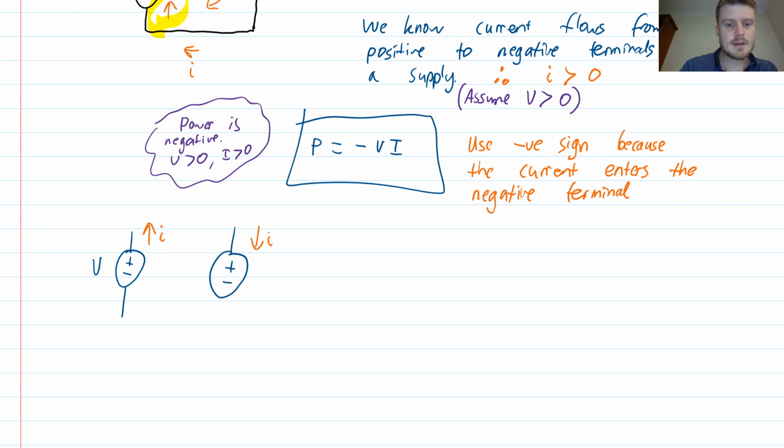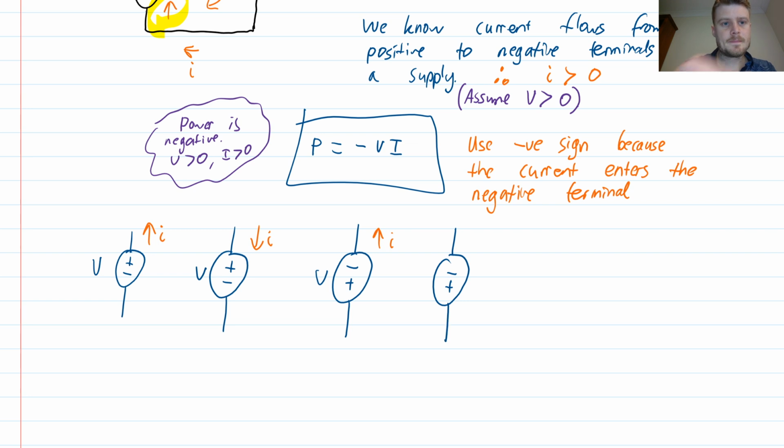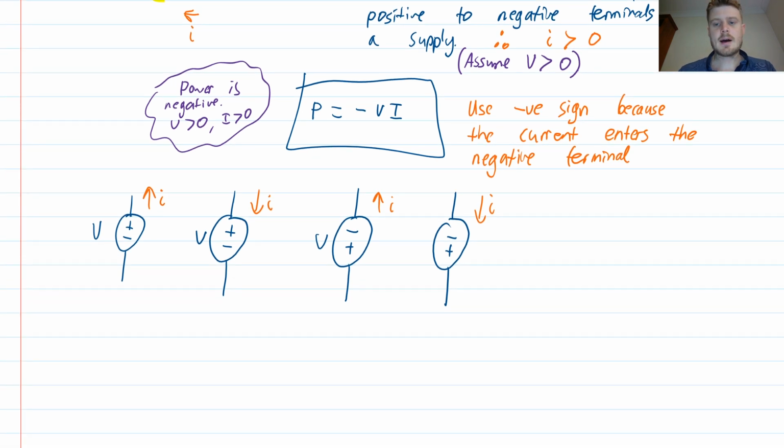So I'll just label these I and V. I can also have the voltages swapped the other way around, current going up, voltage V, and I can also have current coming downwards. So the rule here, basically, we use a negative sign if the current enters the negative terminal.